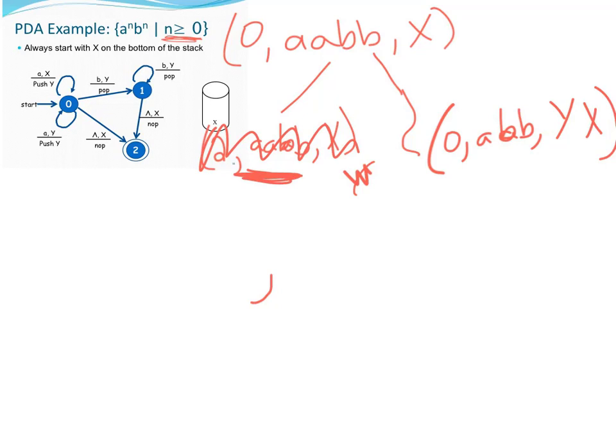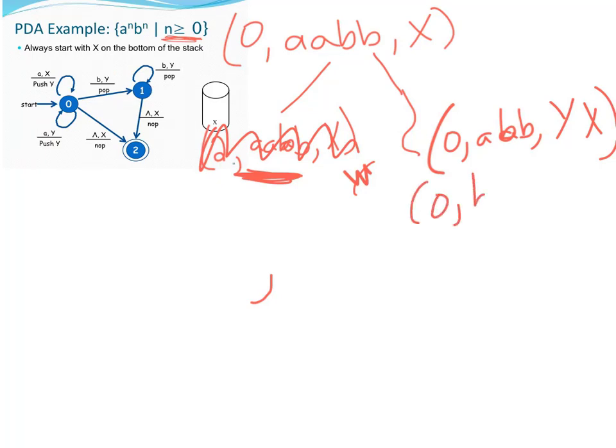I hadn't used up my string. But if we look at this other situation, at state 0, we have an A to process and a Y at the top of our stack. Well, look here. We have an A to process and a Y. So we can just do that and stay at state 0 and push Y. So we're at state 0.